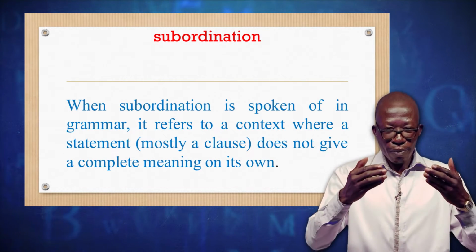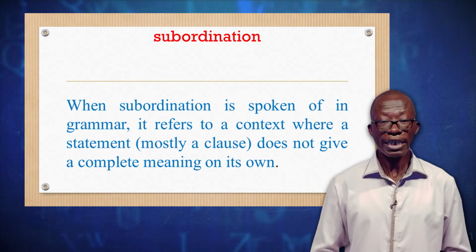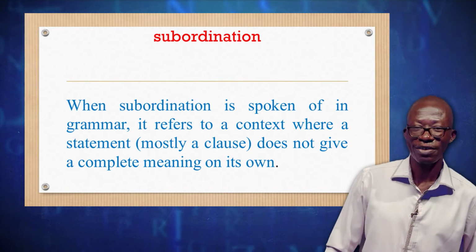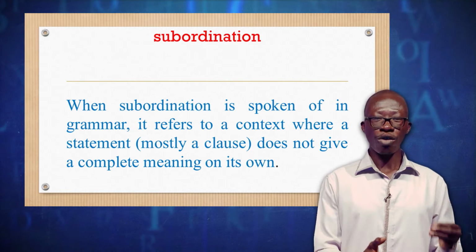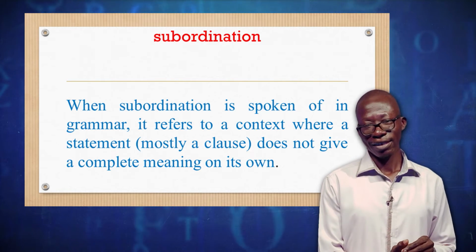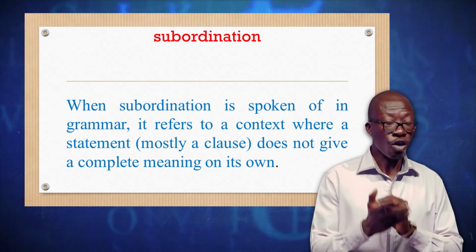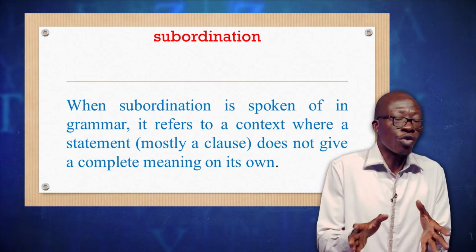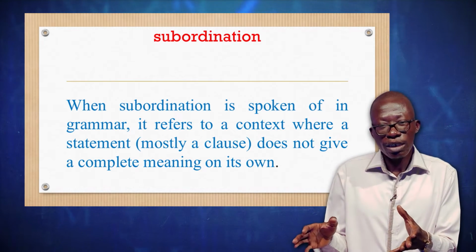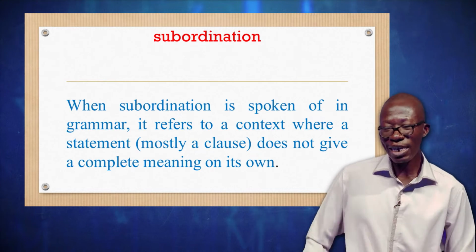Now we are bringing it down to our level, to our discussion, to the English language. And what we are saying is that anytime we speak of subordinate in English grammar, we are referring to a situation where a clause doesn't give a complete meaning on its own because it has to depend on another superior clause to give meaning.